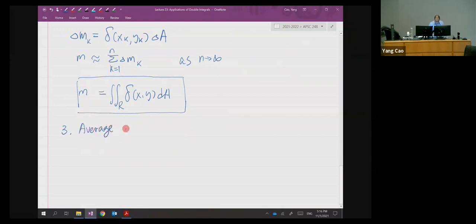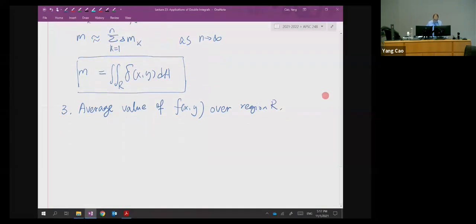Our third application is to calculate the average value of this function over a region R. So let's take a look at how we interpret this application. Let's start from a simple case.